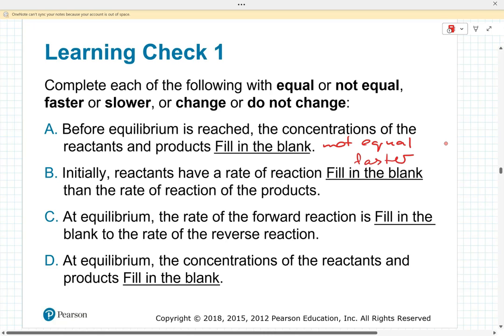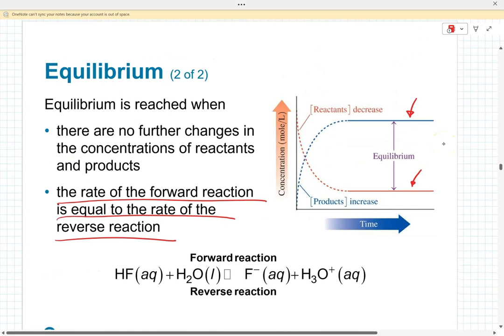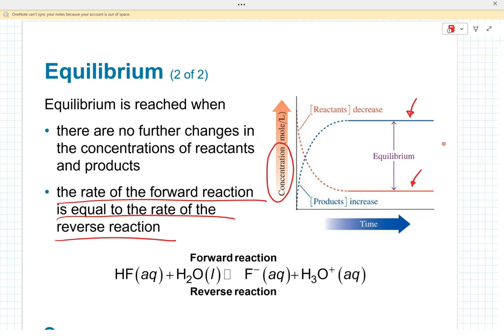At the equilibrium, oh, it's a different term. Before the equilibrium is reached, do the concentrations of reactants and products change or not? This is the concentration.